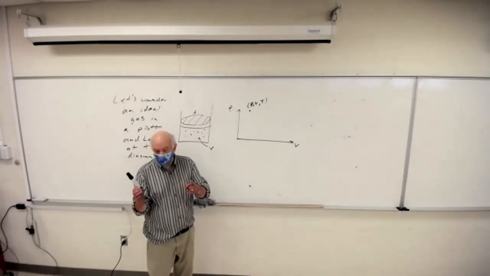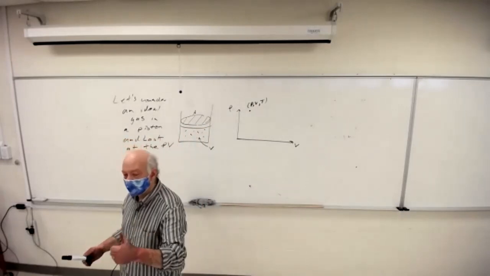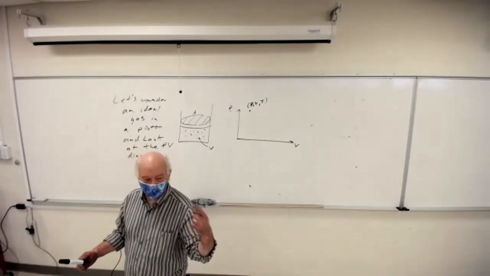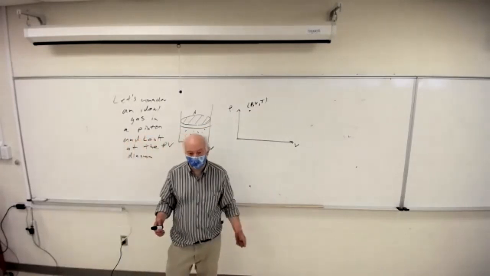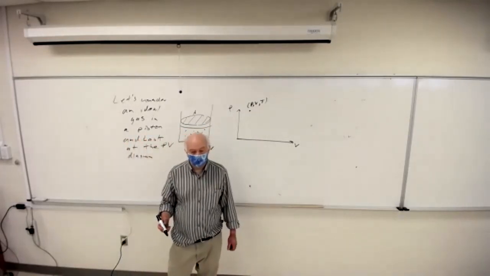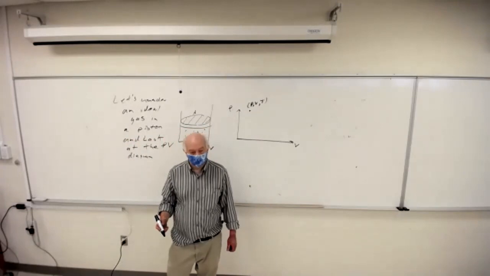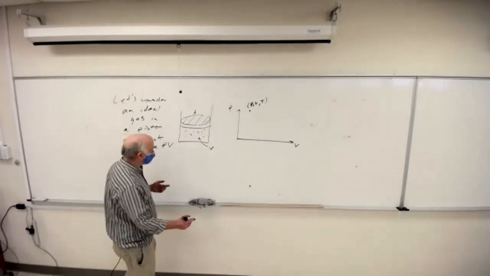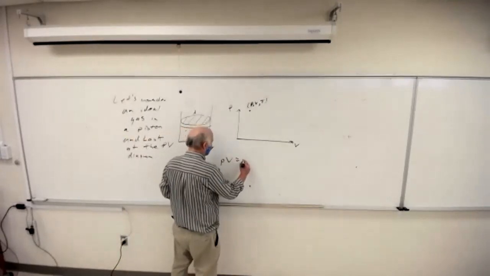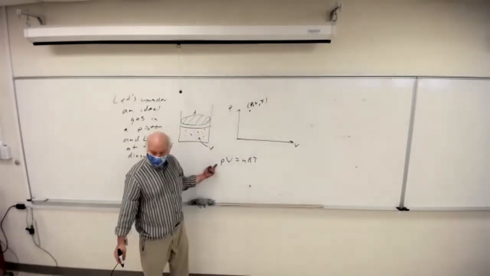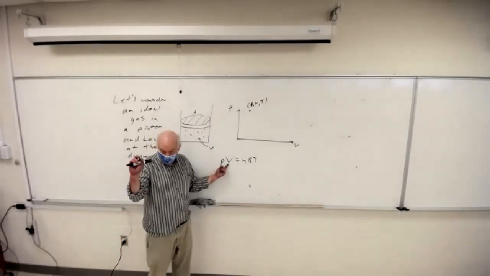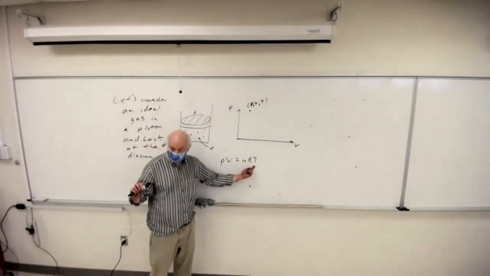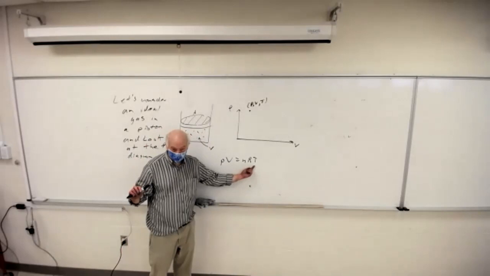That's true. Let me rephrase that mathematically. If I gave you a P and a V, you know there has to be a T? Yes, exactly. You know from PV equals nRT. If you have P and V, that's the point on that graph. That automatically implies the temperature. Does that make sense?